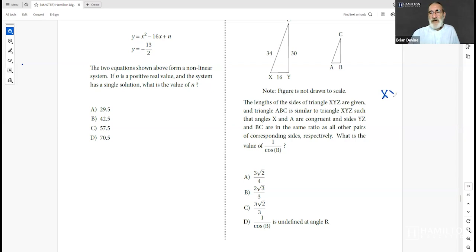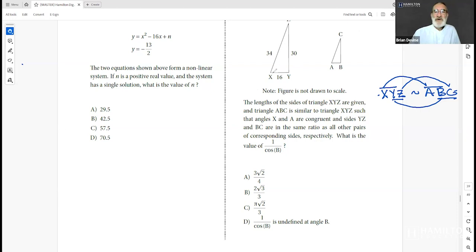So they said XYZ is similar to ABC, which means angle X and angle A are congruent, angle Y and angle B are congruent, angle Z and angle C are congruent, XY is the same length as AB, YZ is the same length as BC, and XZ is the same as AC. So the only difference is the ratio of the sides, but they're in the same ratio.